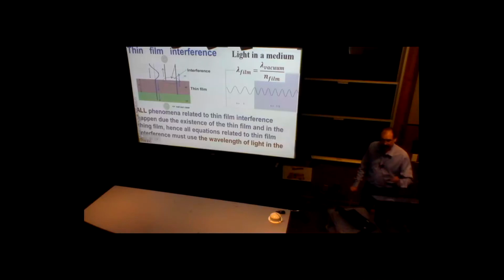That's what people sometimes forget. If you read a problem, it tells you a number for the wavelength, but that number is almost always for the wavelength in the vacuum, and you cannot use that number. You have to use the number for the wavelength in the film.